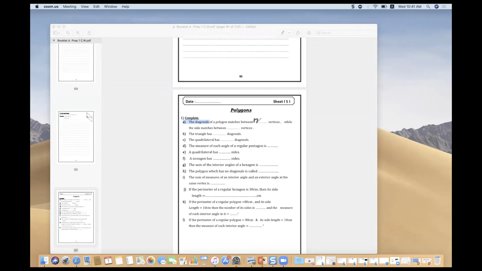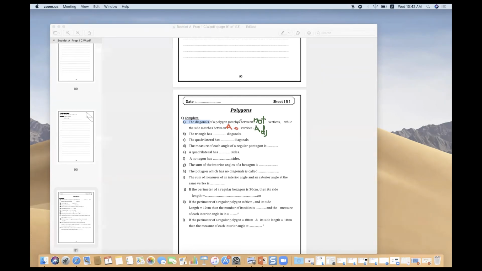Not consecutive or adjacent. Excellent, Sundus. While the side matches between adjacent vertices. Yes, excellent. Adjacent vertices, while the side matches between adjacent vertices.